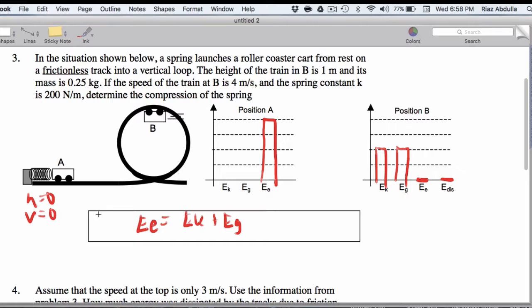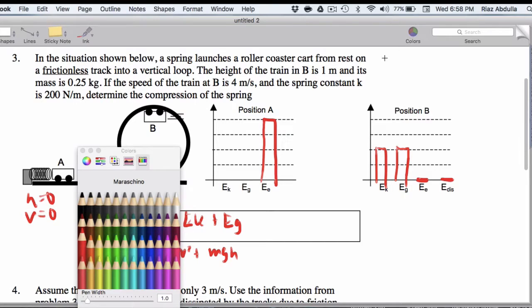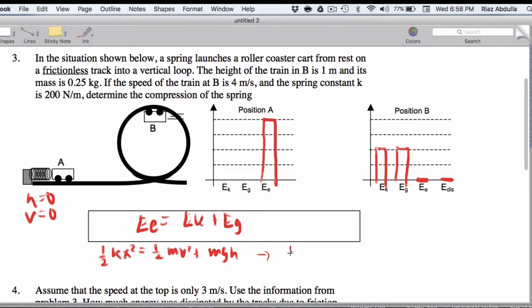And so we want to know what the compression of the spring is. So we have 1/2 kx squared equals 1/2 mv squared plus mgh. And I'm going to go ahead and plug in my numbers just to see what we end up getting. So we end up getting 1/2 times 200 times x squared, which is what we're solving for. And that equals 1/2 times my mass, 0.25. I'm just going to rewrite that as a fraction. That's 1/4.